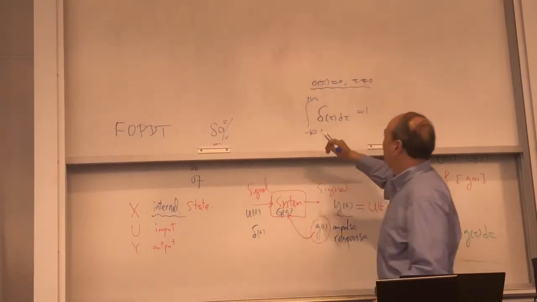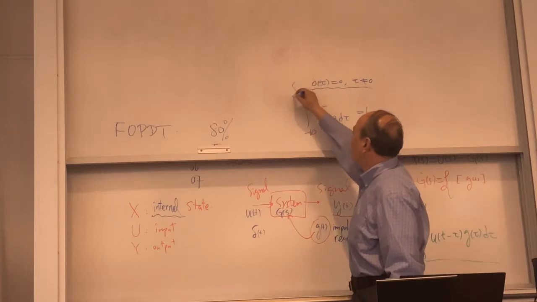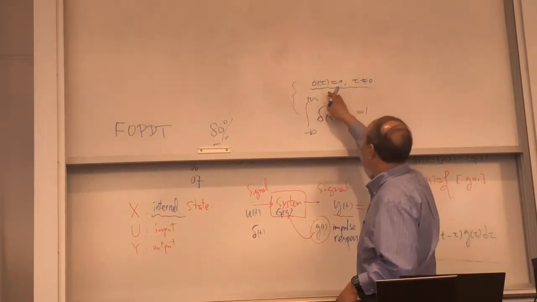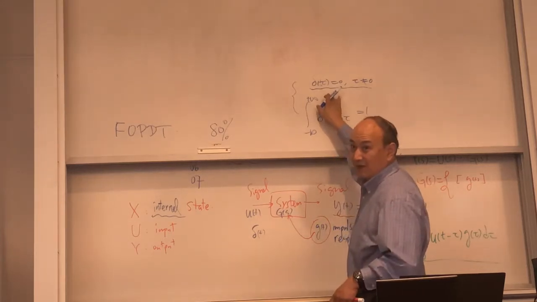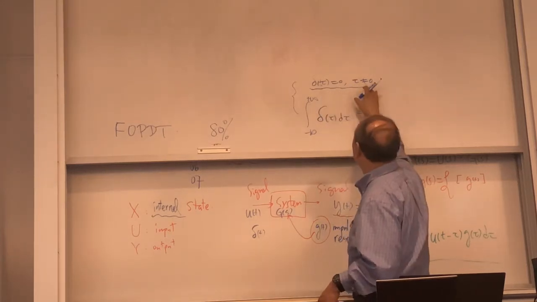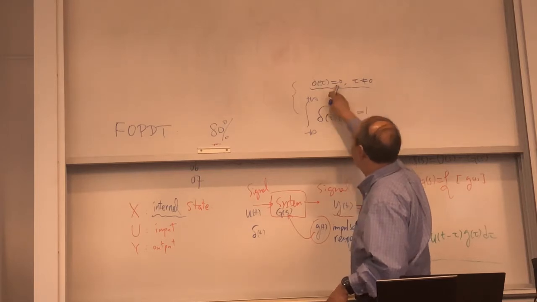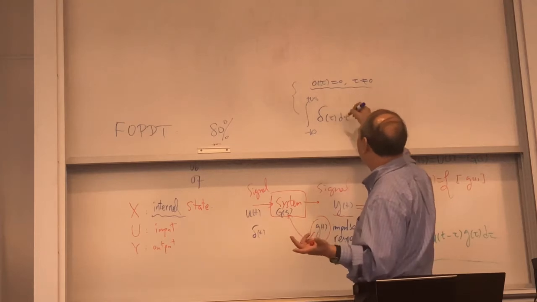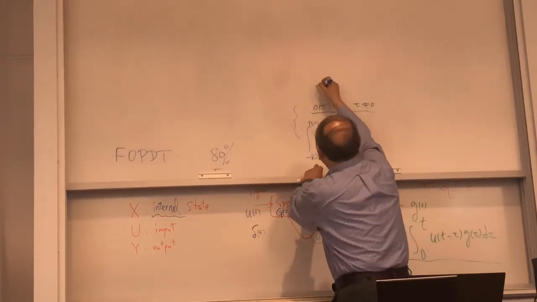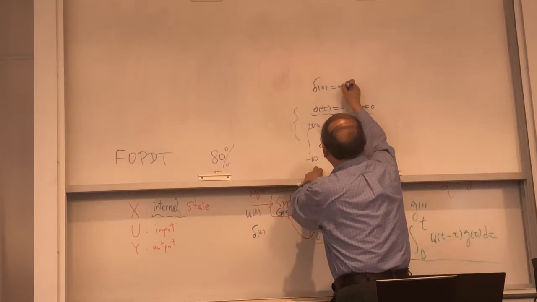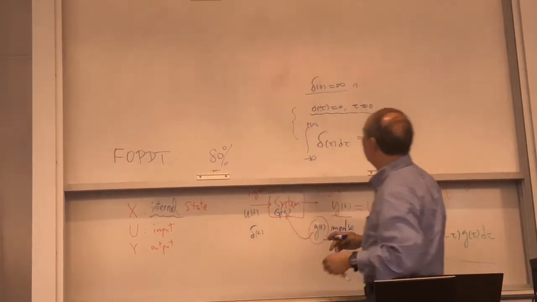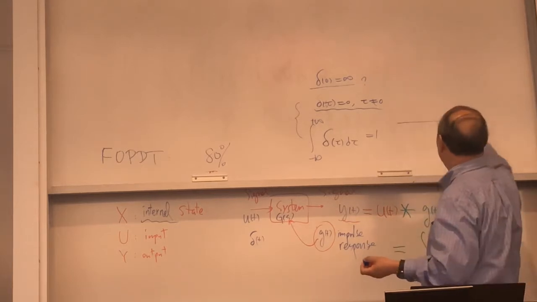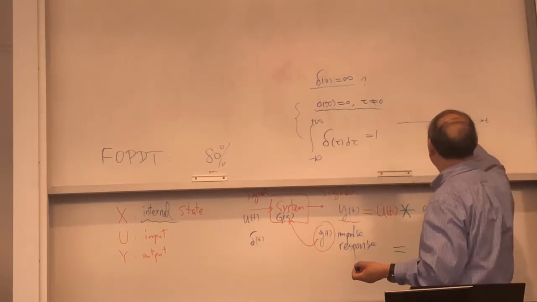We know that. These two should be combined to define the delta. When tau is not 0, delta tau is 0, okay? But what is delta 0? Is this infinity? Can we say that? I don't think so. But graphically speaking, it's something like this.